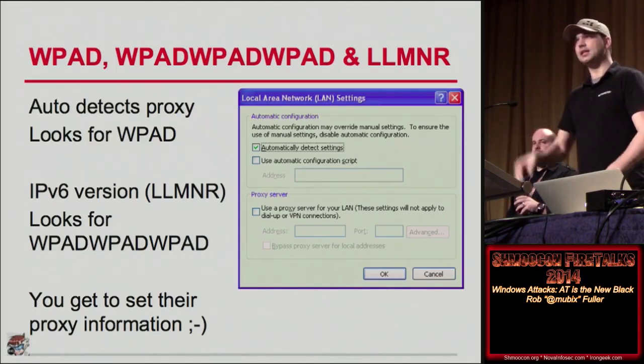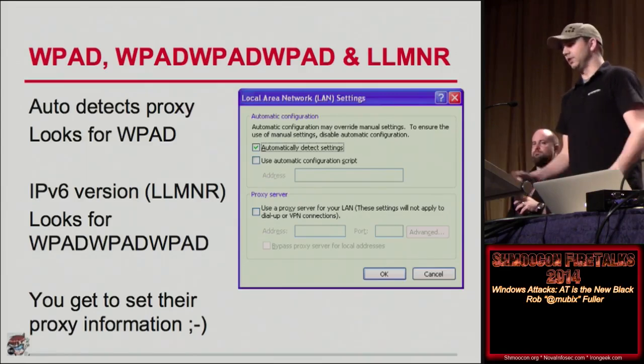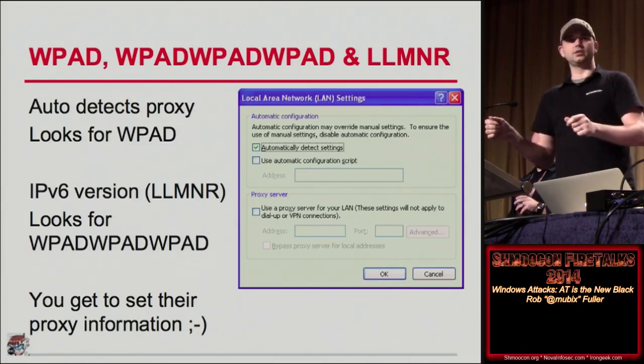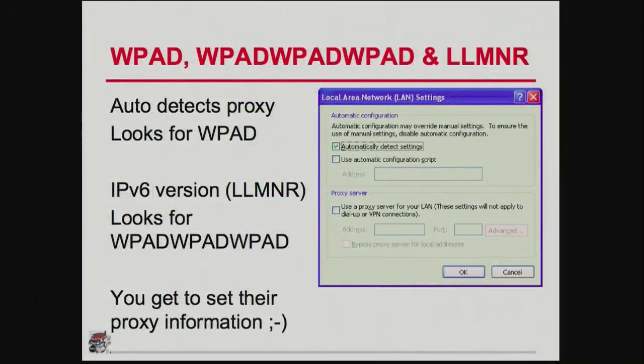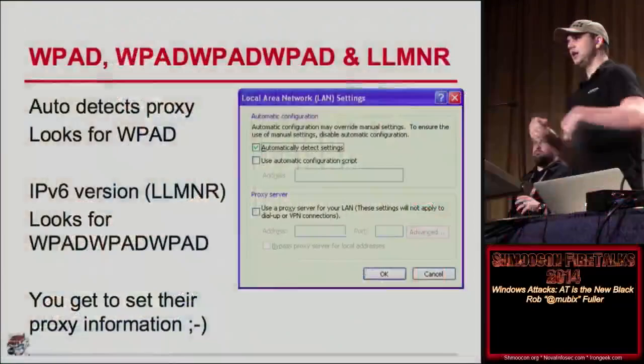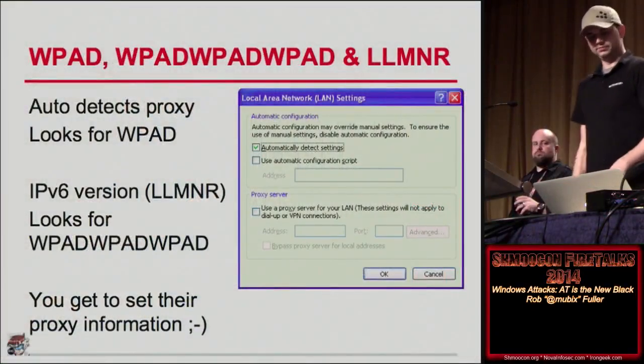And the attacker could say, yes, I do exist, I am WPAD. Then, for whatever stupid reason Microsoft decided to do this, it makes an HTTP request for WPAD.dat on port 80, which is a proxy configuration in JavaScript. So all you have to do is say, hey, all of your stuff, proxy it through me, please, and it's game over from there on out.